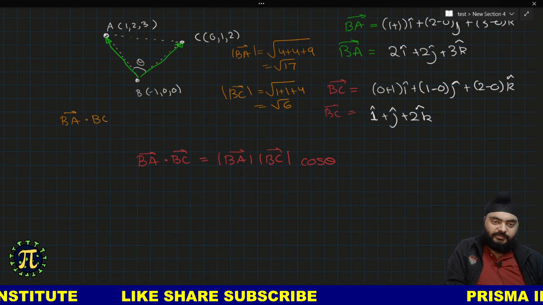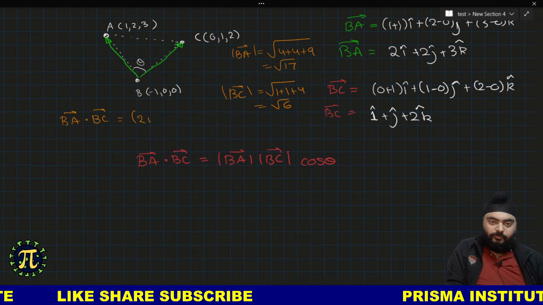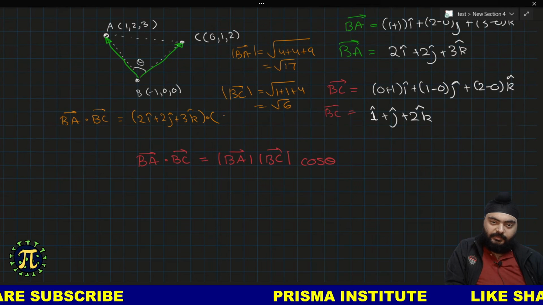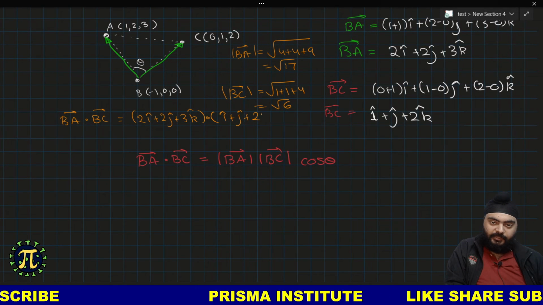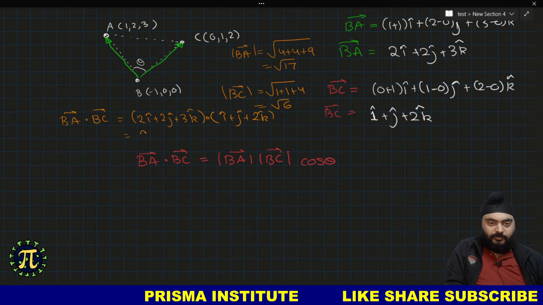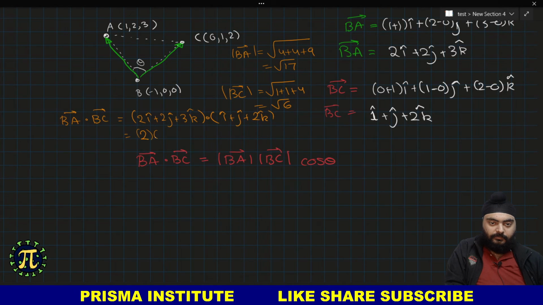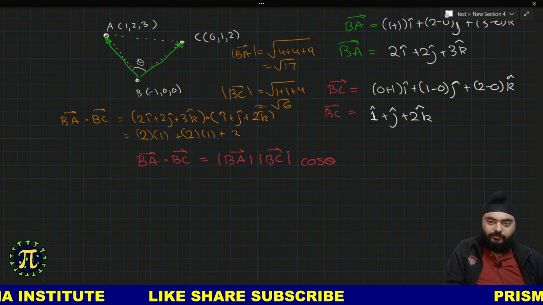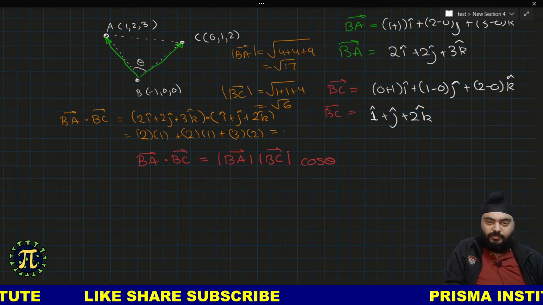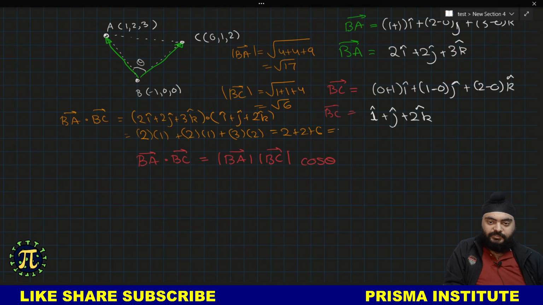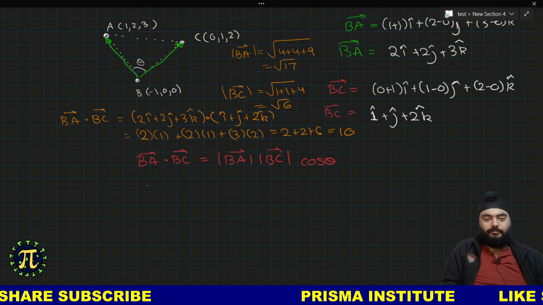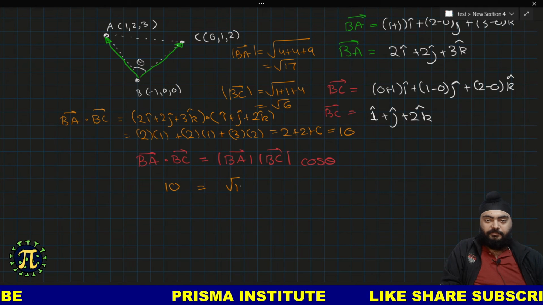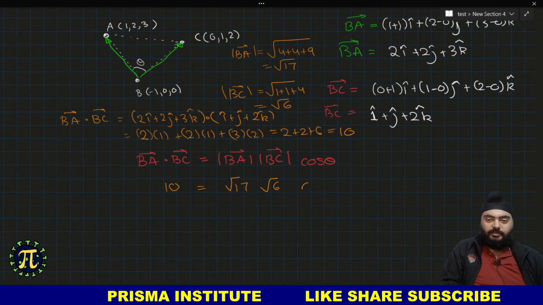BA vector dot BC vector is 2 I cap plus 2 j cap plus 3 k cap dotted with I cap plus j cap plus 2 k cap, which is 2 into 1 plus 2 into 1 plus 3 into 2, which is 2 plus 2 plus 6, which is 10. Okay, let's put in all the numbers here. So dot product का result क्या आ रहा है? 10. Length of BA vector is root 17. Length of BC vector is root 6 and cos theta.